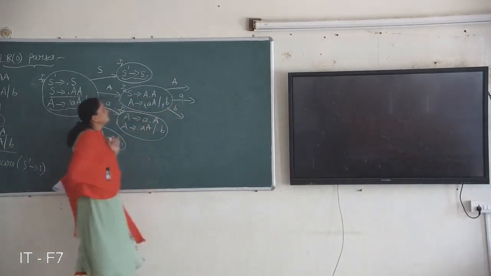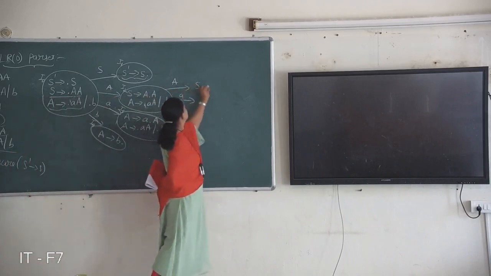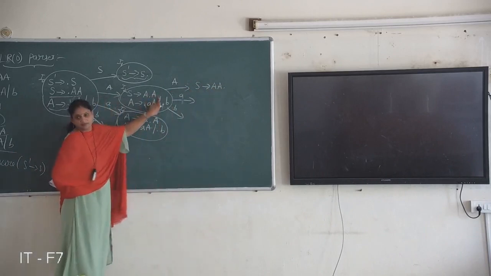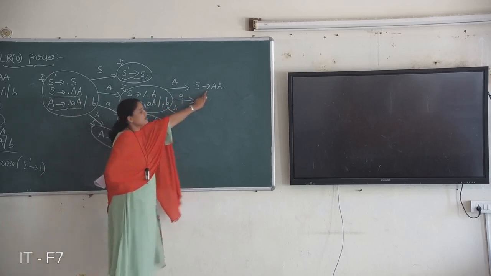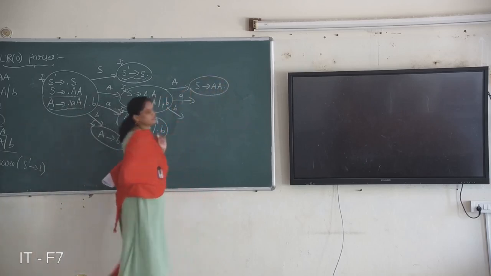So on capital A, what is the transition? What is the production you get? A derives A A dot. This dot will move from here to here, so we are getting this production. After that there is no symbol, so this is the only production in the state.